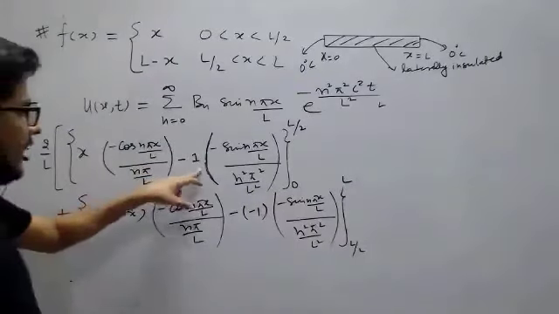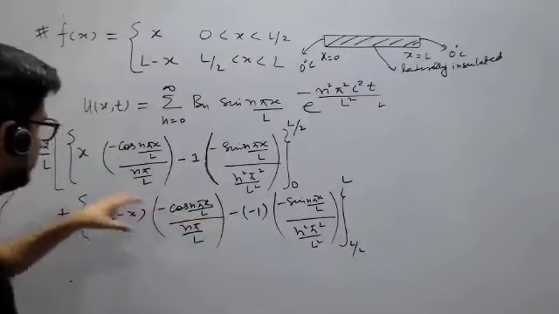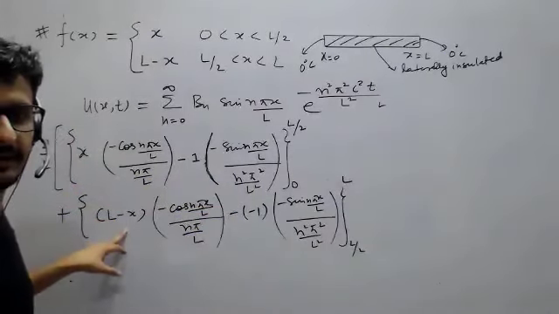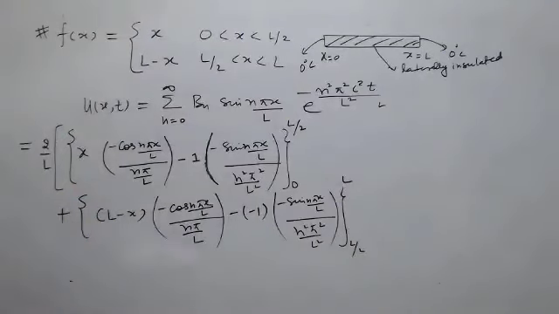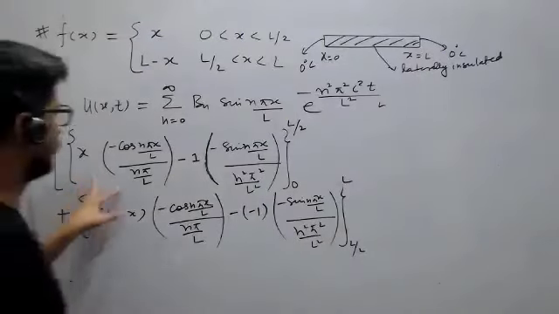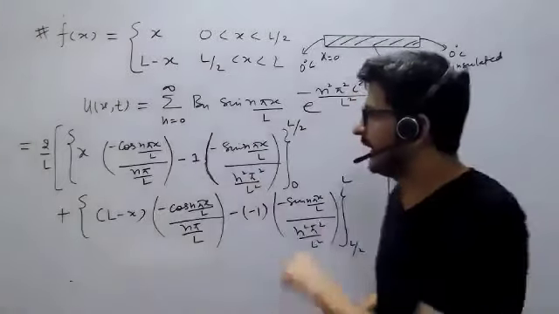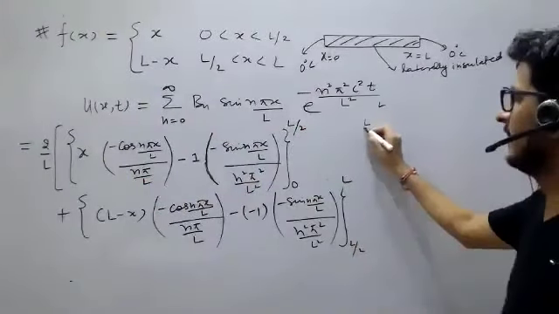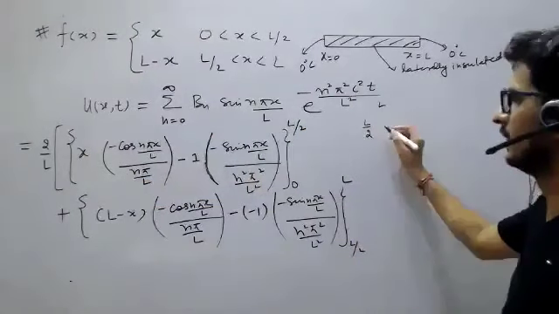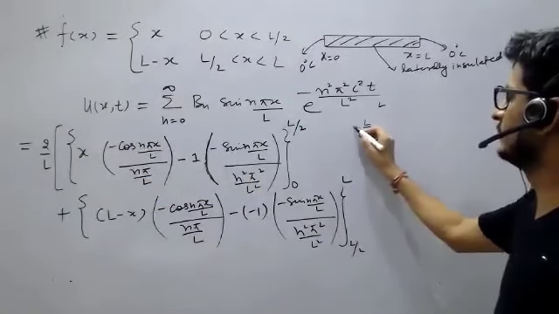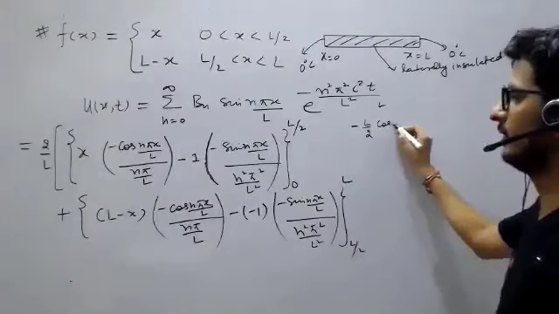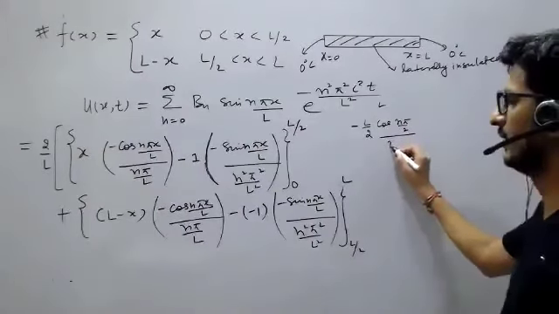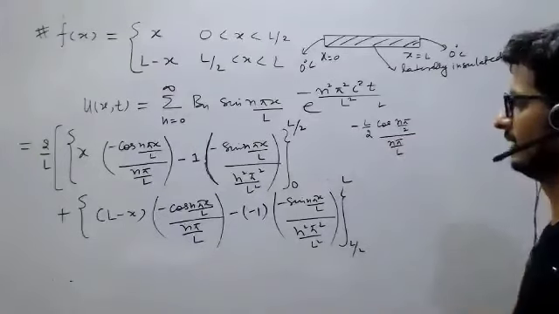This and this term are added and this term is gone. Please see that. Look carefully once. Here the lower term is not there, so what is the upper term here? It is L by 2 minus L by 2 cos of n pi by 2 upon n pi by L.